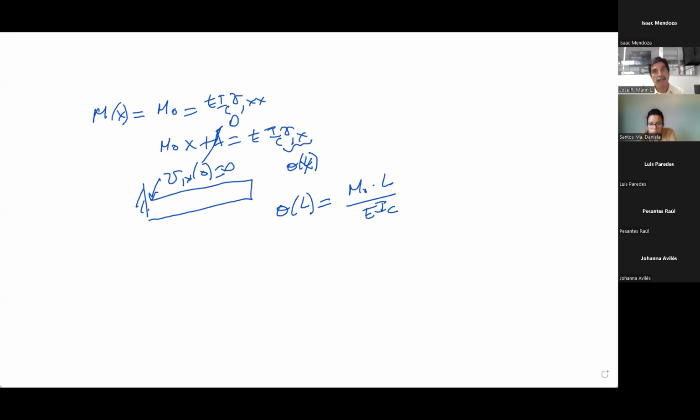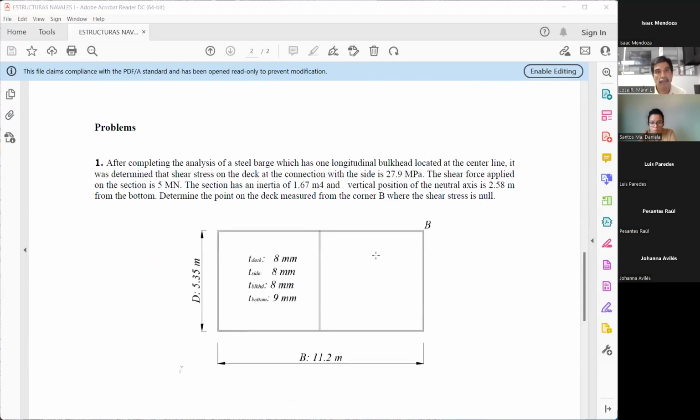Yes, doctor, you can, but review that later. Let me go at least a little bit with this problem, because that is an analytical solution, but the problem said to apply an energy method. If you apply the energy method, you should get the same.